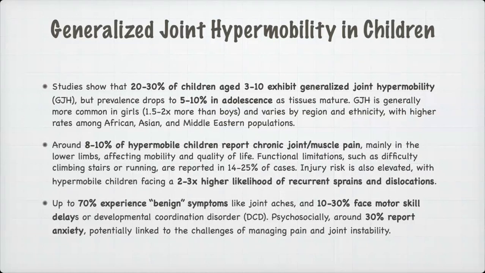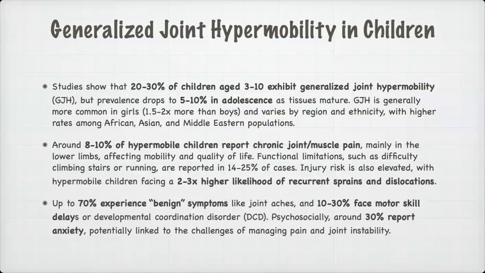Around 8 to 10% of hypermobile children report chronic joint and muscle pain, mainly in the lower limbs, affecting mobility and quality of life. Functional limitations such as difficulty climbing stairs or running are reported in 15 to 25% of cases. Injury risk is also elevated, with hypermobile children facing 2 to 3 times higher likelihood of recurrent sprains and dislocations.